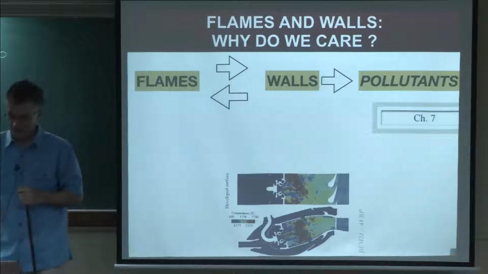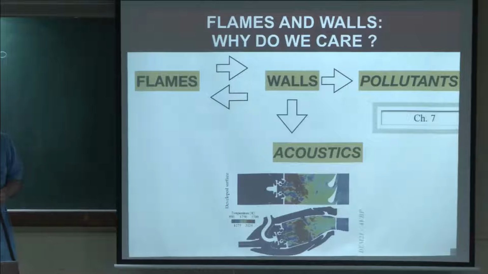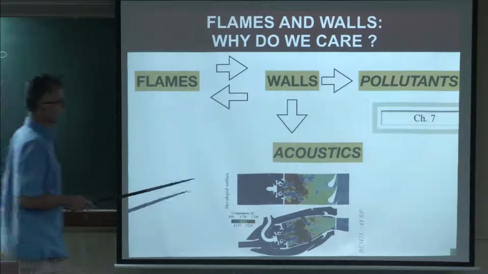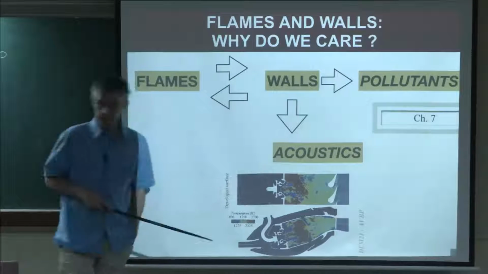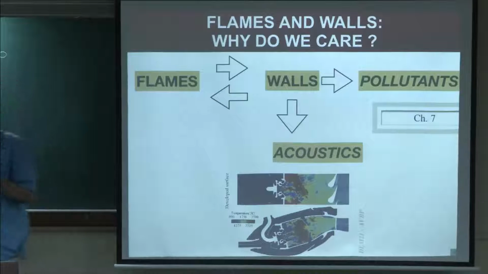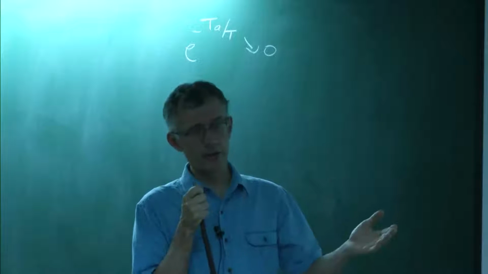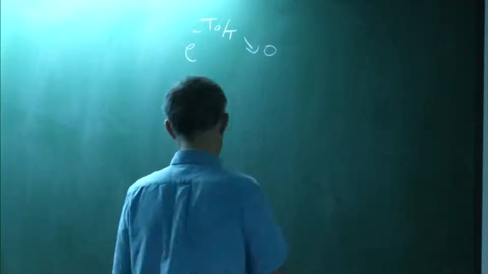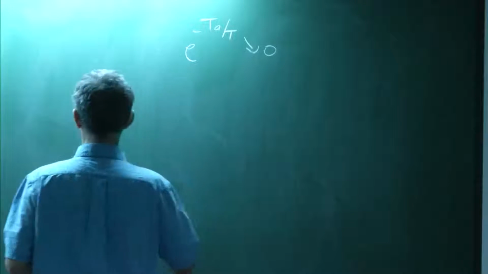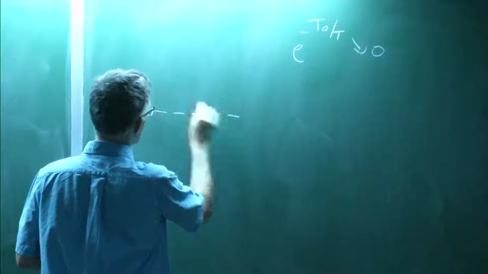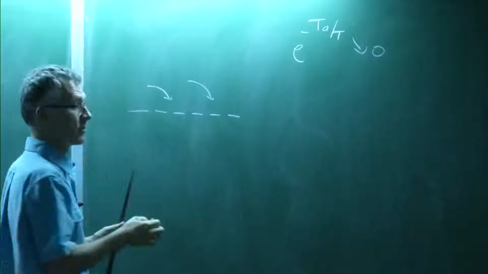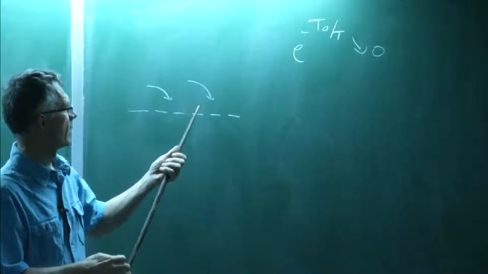In a gas turbine, there's something important also to mention, which is that the walls are also related to acoustics. As soon as you try, for example, to cool a wall by adding multi-perforation to the wall, which is what we do in most gas turbines, the flame tube has multiple holes so that cooling air can come in. That will change the thermal properties of the wall.